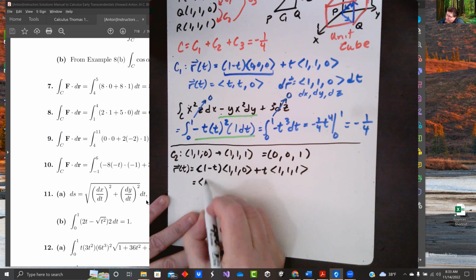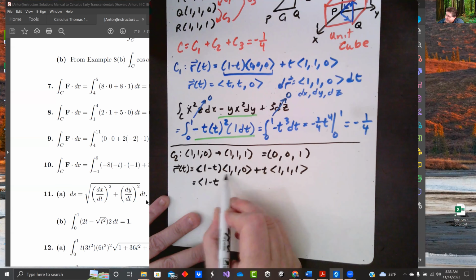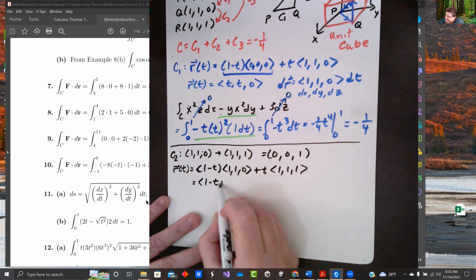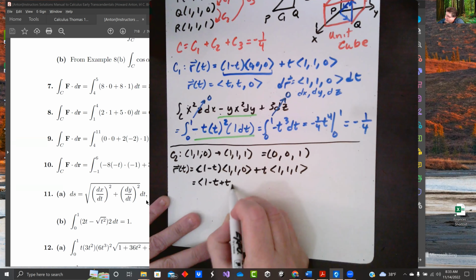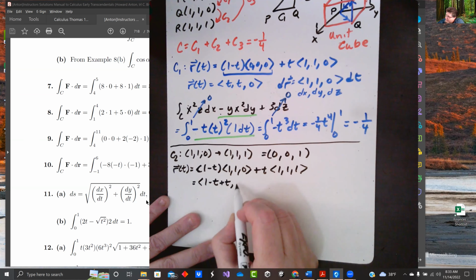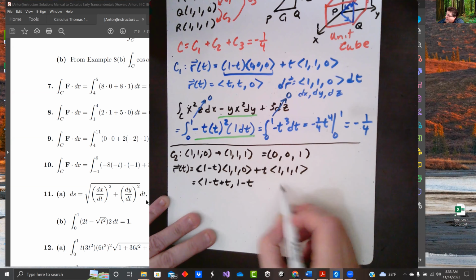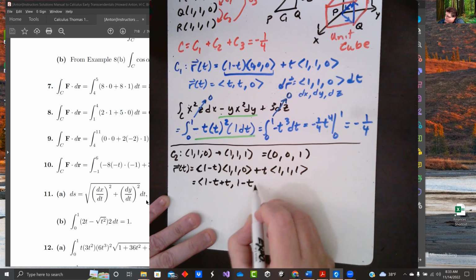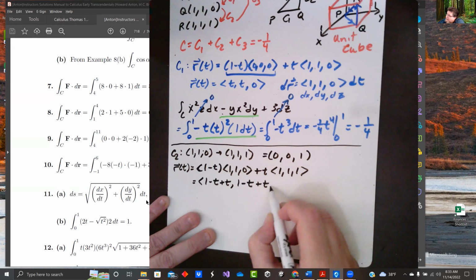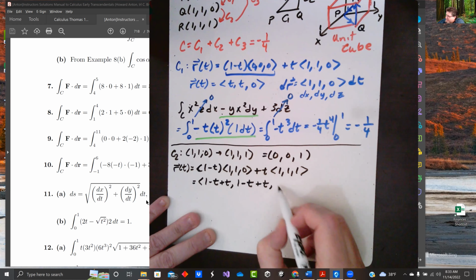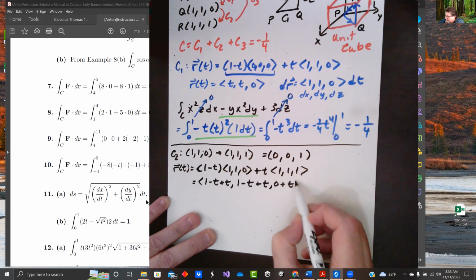So I've got 1 minus t for the x component plus another t from the R1. That's my x. Y is 1 minus t times 1, so 1 minus t. And then from R1, we've got plus 1t. And then z has a 0 plus t.